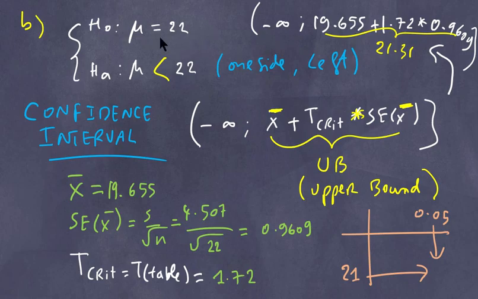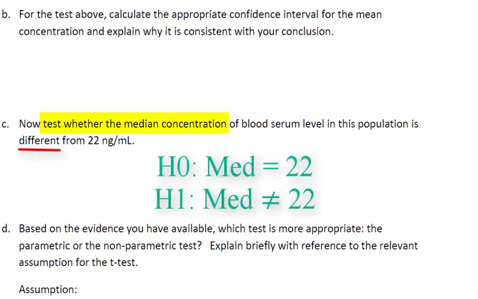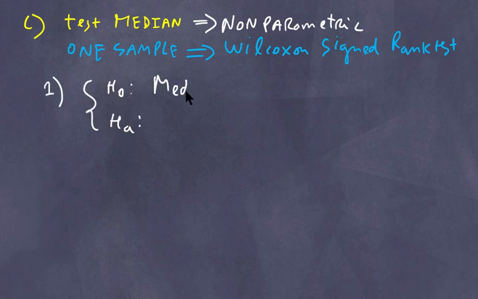We reject H0. A test on the median is a non-parametric test, right? With one sample, we will use the Wilcoxon sign rank test. H0: the median is 22.